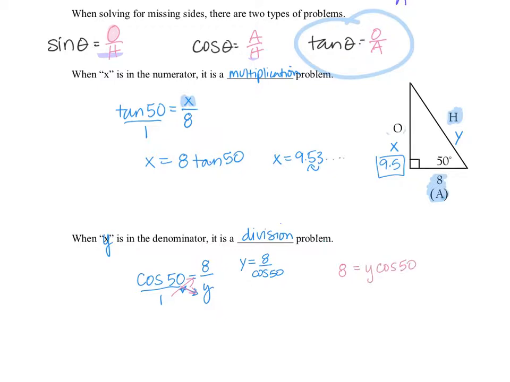And now to get Y all alone, we have to ditch the cosine 50 by dividing. And we get exactly what I said in the beginning. So when we plug 8 divided by cosine 50 into our calculator, we should get 12.44 and a whole bunch of other numbers behind it. But if we're rounding to the tenth place, that's just going to make it 12.4.